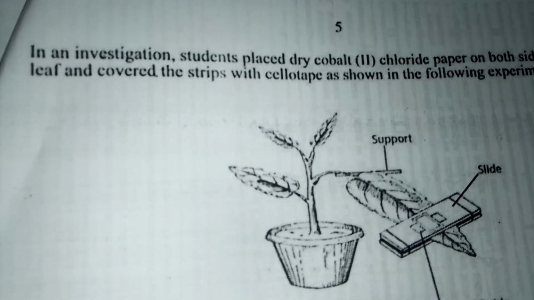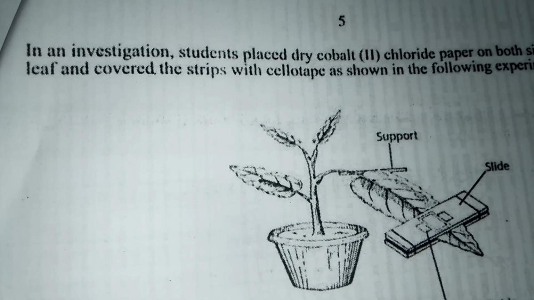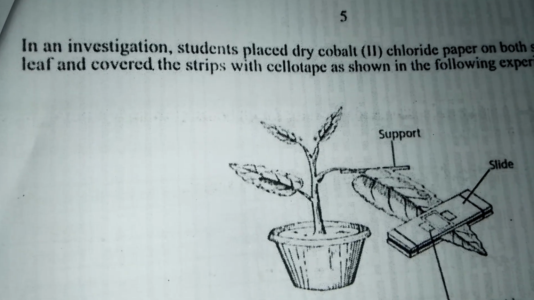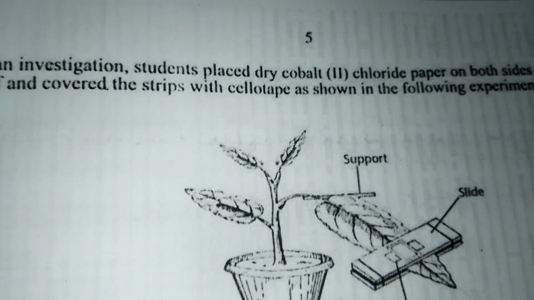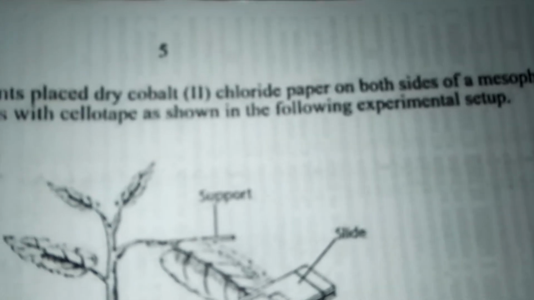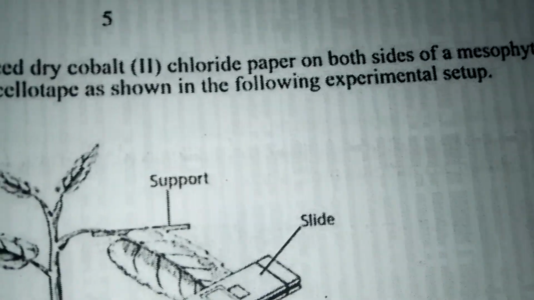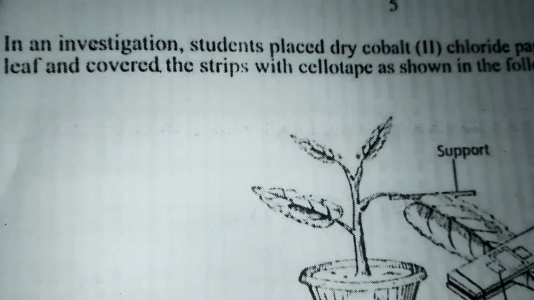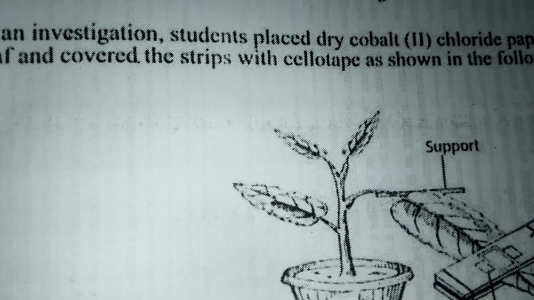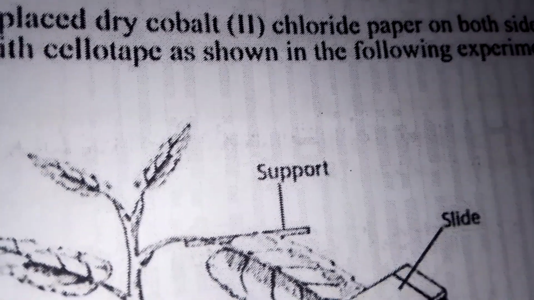Question 4 states this: in an investigation, students placed dry cobalt chloride paper on both sides of a mesophyte leaf and covered the strips with sellotape, as shown in the following experimental setup.